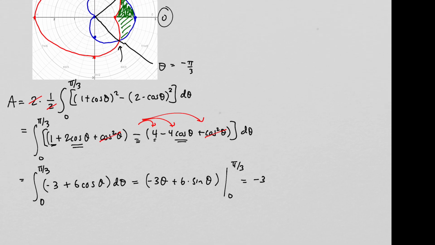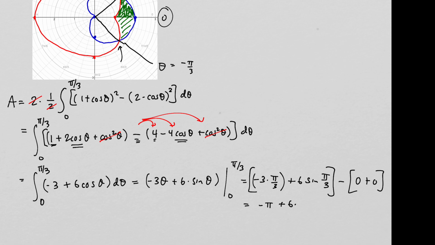Plugging in pi over 3, we have negative 3 times pi over 3, plus 6 times the sine of pi over 3, minus, and then of course when you plug in 0, you are going to get 0. And so we end up with negative pi plus 6 times the square root of 3 divided by 2. This is the same as 3 radical 3 minus pi.